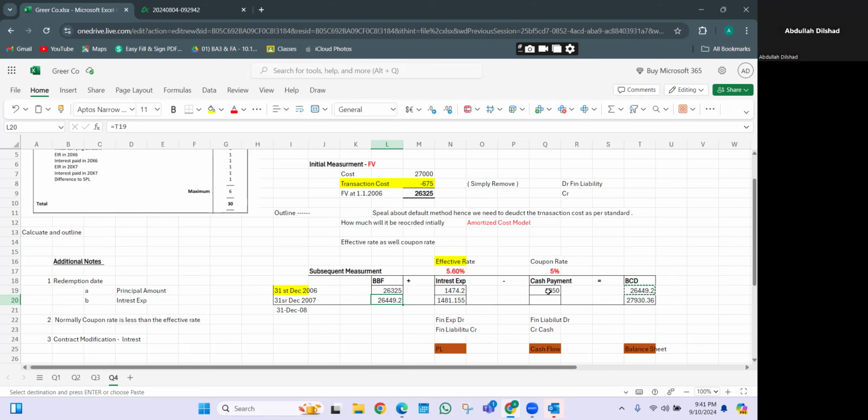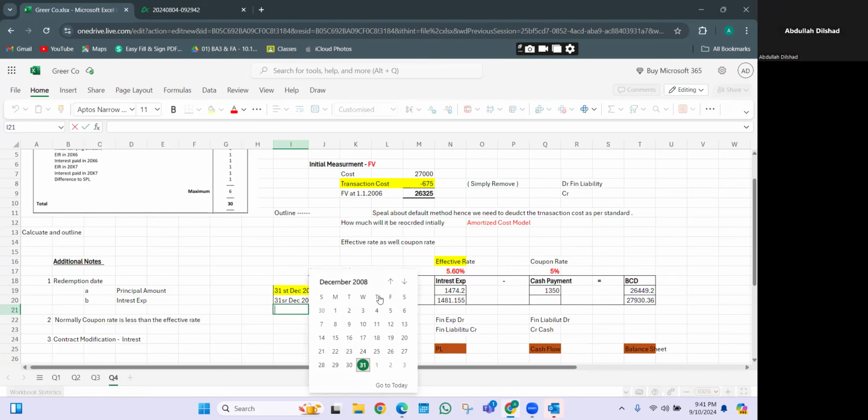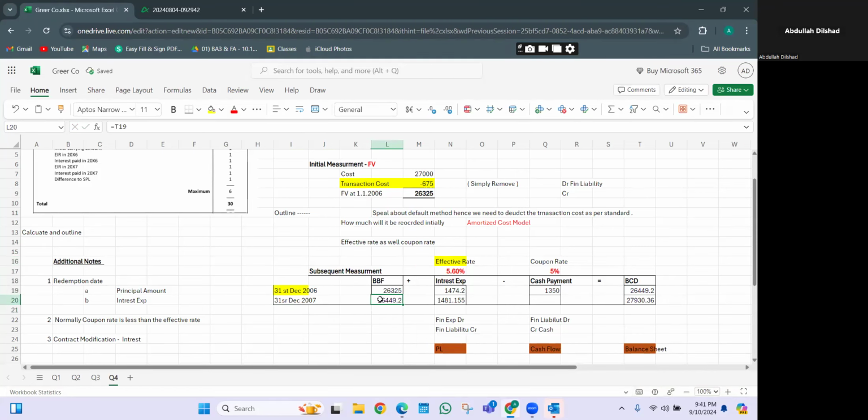Obviously, the closing balance at the year end of 2006 will be my opening balance. So I would just simply copy paste it.